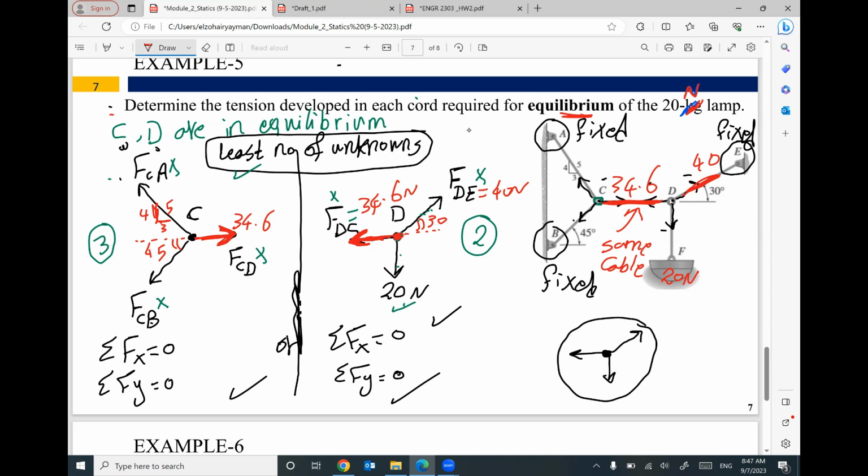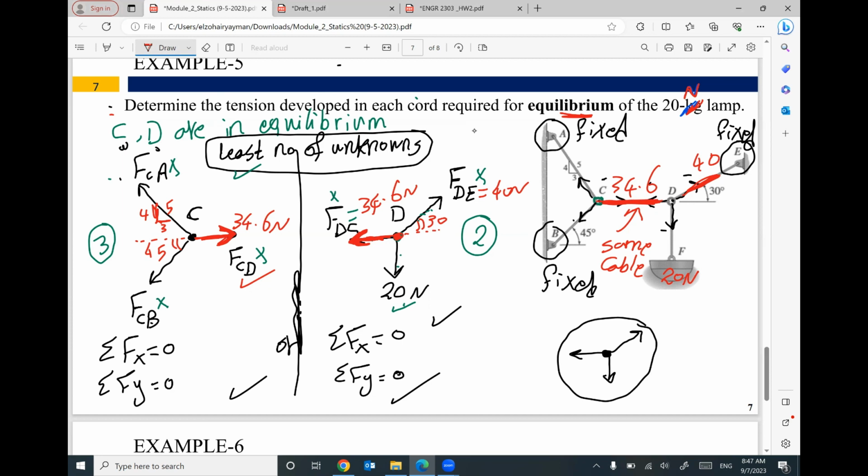Does that make sense? So 34.6 is the value for FCD. They are the same. It's a good question. Thank you. I understand, and I'm aware of all the questions in your mind. Yes, because they are in the same cable, they must have the same value.